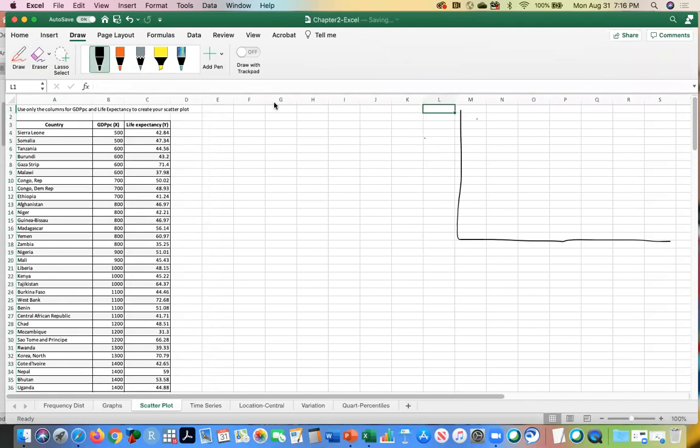So this is my Y and this is my X, right? X and Y, yeah. So this is the independent variable. This is the dependent variable. So in this case, I'm gonna argue that life expectancy Y depends on changes in X, right?